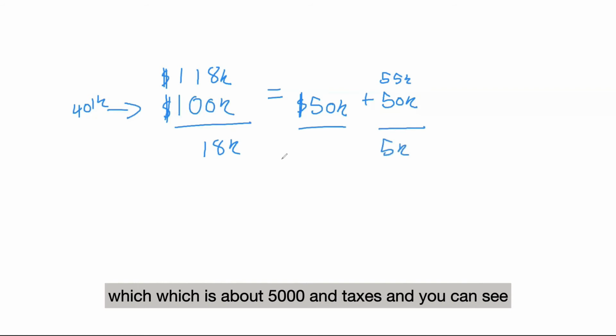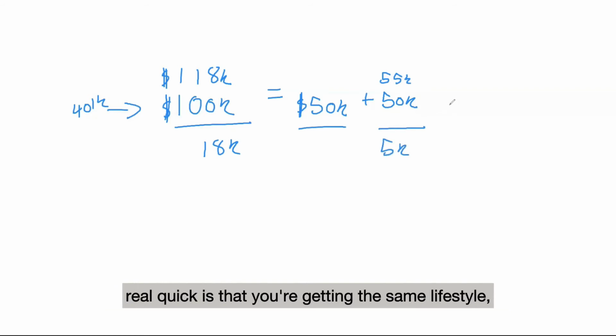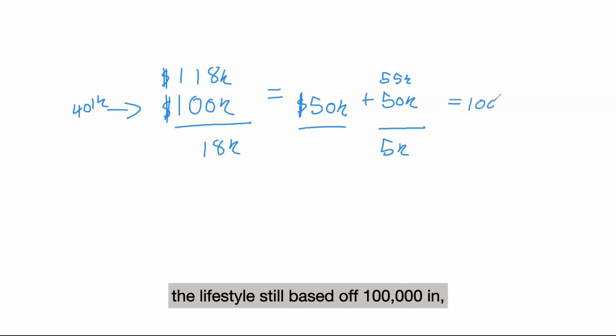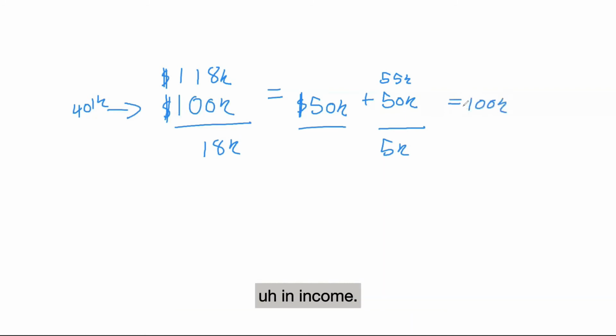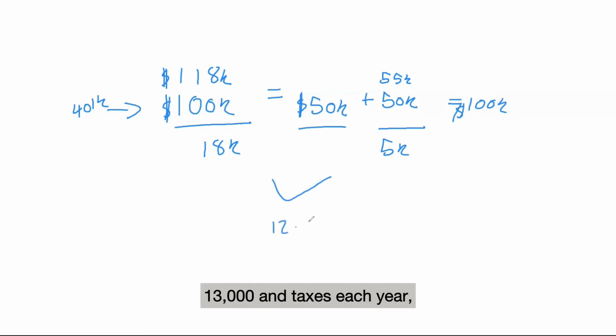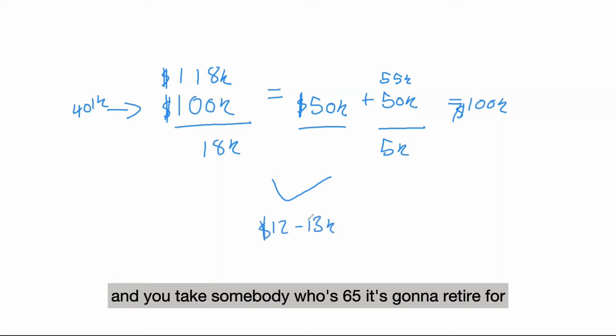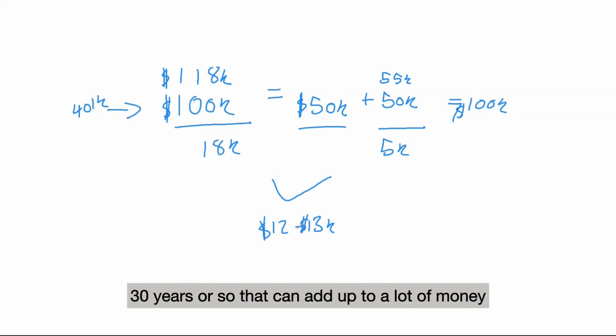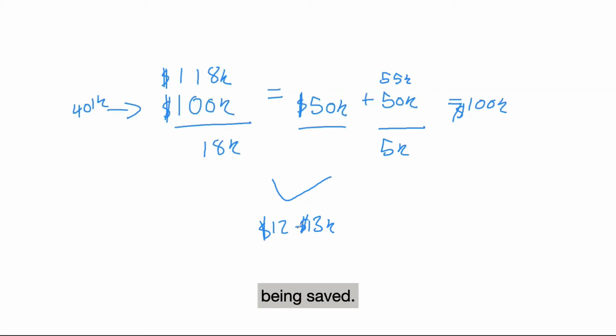And you can see real quick that you're getting the same lifestyle. This lifestyle is still based off $100,000 in income, but you're saving somewhere in the ballpark of $12,000 to $13,000 in taxes each year. And you take somebody who's 65 and is going to retire for 30 years or so, that can add up to a lot of money being saved.